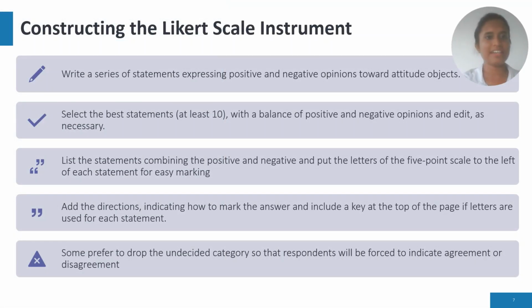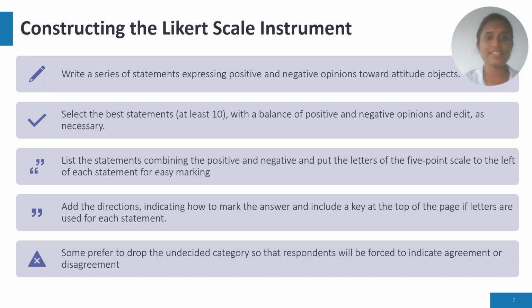Here is the way of constructing a Likert scale instrument. When constructing a Likert scale instrument, we have to write a series of statements expressing positive and negative opinions toward an attitude object. Next, we have to select the best statements, at least 10, with a balance of positive and negative opinions, and edit as necessary.